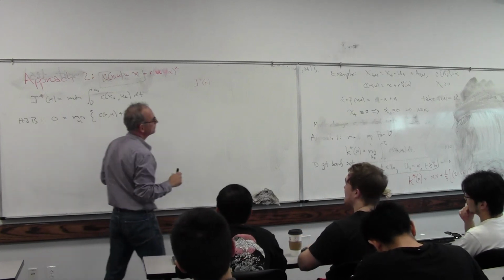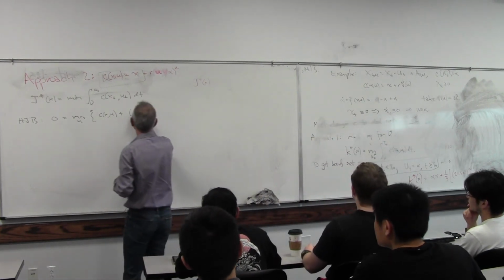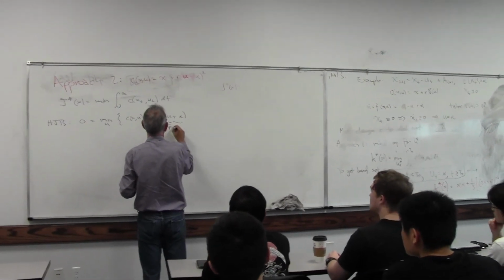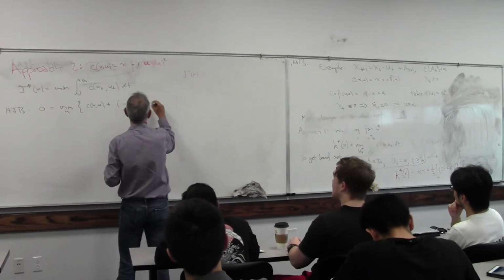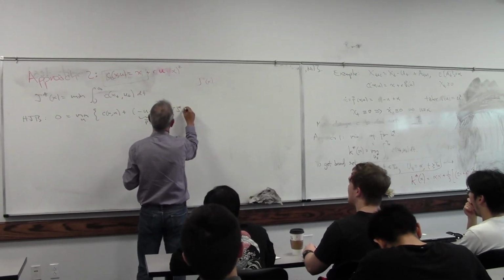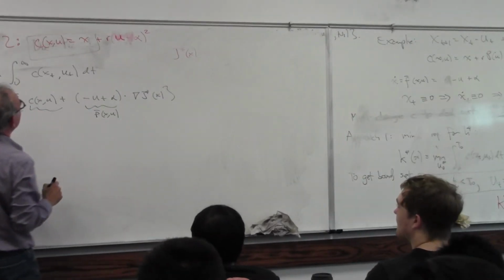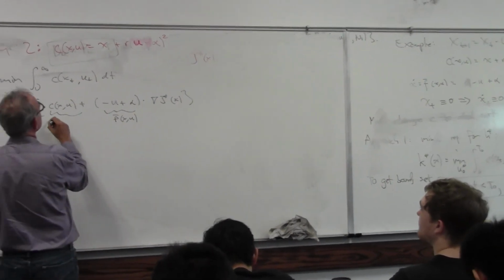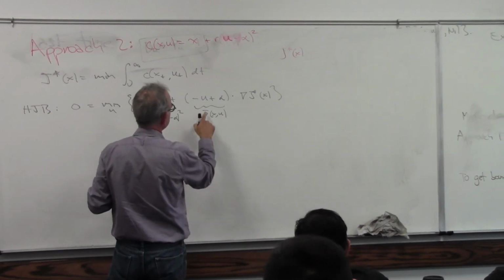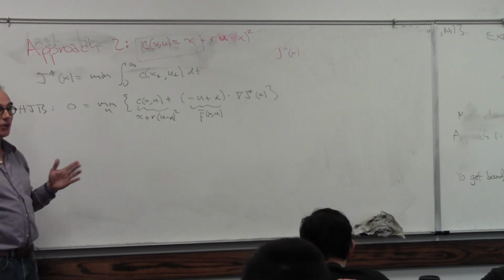We've got our F bar, which is minus u plus alpha, dotted with the gradient, which is just the derivative. And that is just x squared plus r times u minus alpha squared. All right? And I bet we can solve this calculus problem.